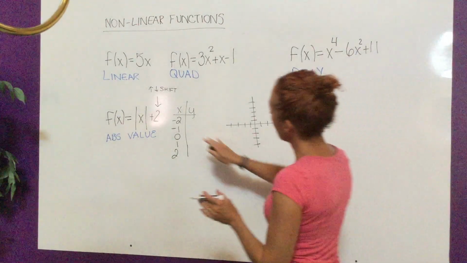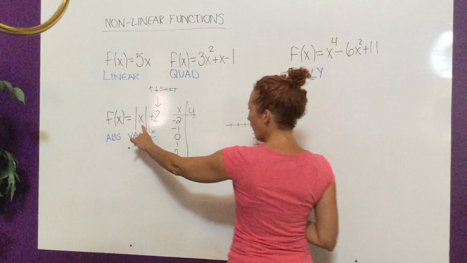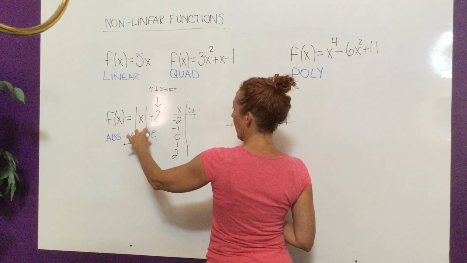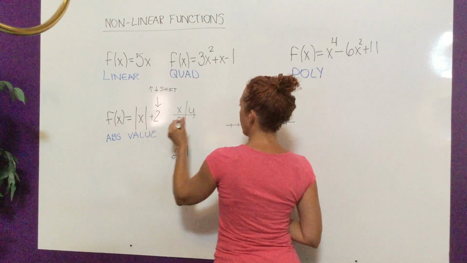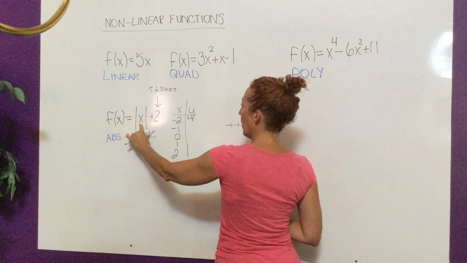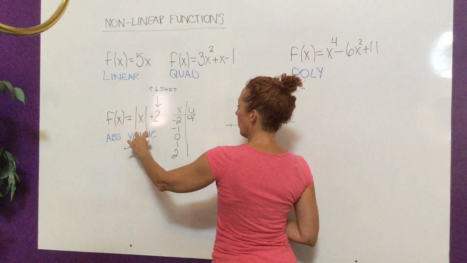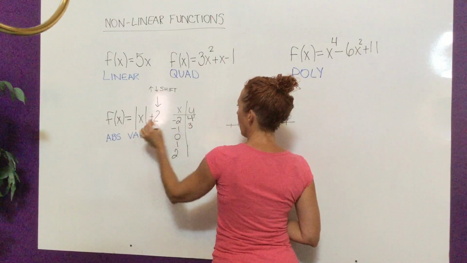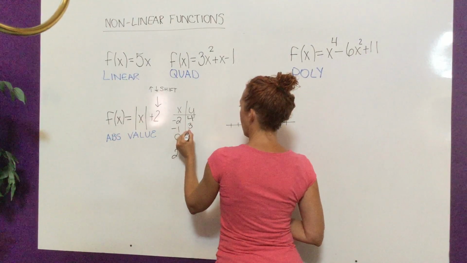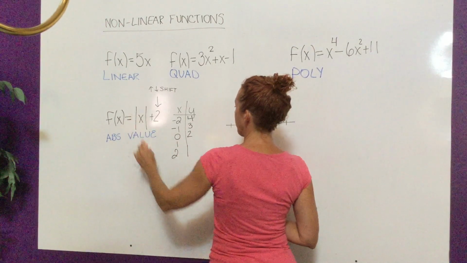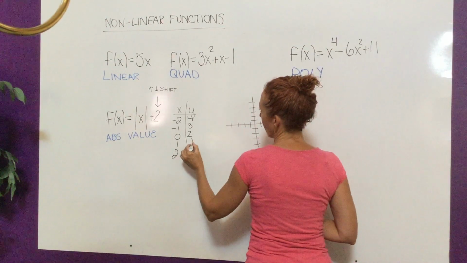All right, so what do we get at -2? If I plug -2 here and take the absolute value of -2, I get 2. 2 plus 2 is 4. If I plug in -1, absolute value of -1 is 1. 1 plus 2 is 3. If I plug in 0 here, I get 2. If I plug in 1 here, the absolute value of 1 is still 1.